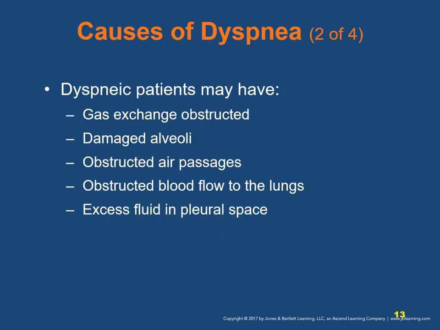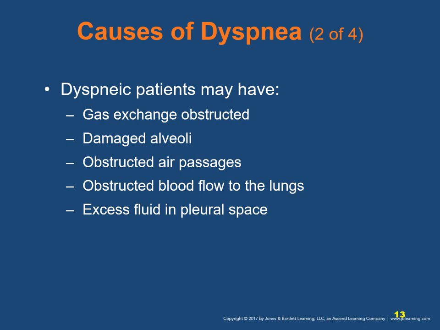Be aware that one or more of the following situations may exist in the dyspneic patient. Gas exchange between the alveoli and pulmonary circulation is obstructed by fluid in the lung, infection, or collapsed alveoli. The alveoli are damaged and cannot transport gases properly across their own walls.